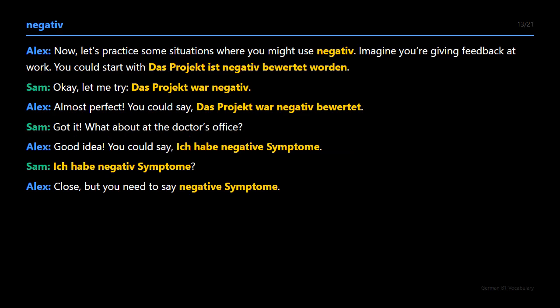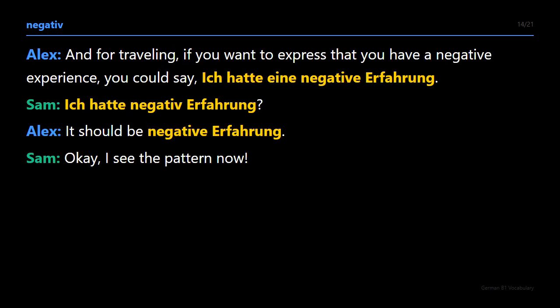And for traveling, if you want to express that you have a negative experience, you could say, Ich hatte eine negative Erfahrung. Ich hatte Negativerfahrung. It should be, negative Erfahrung.